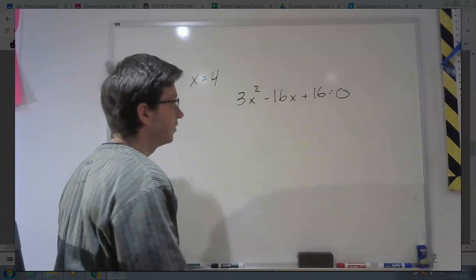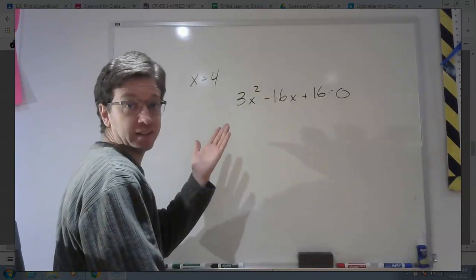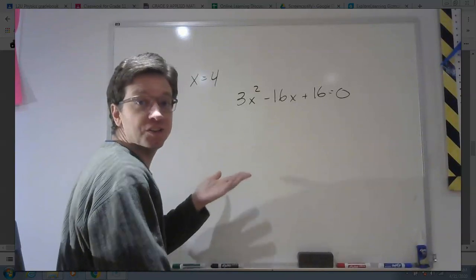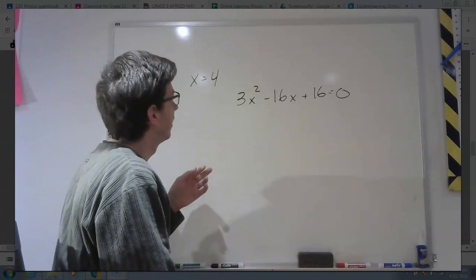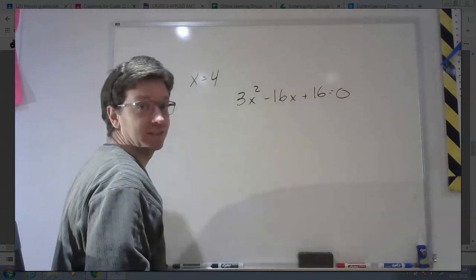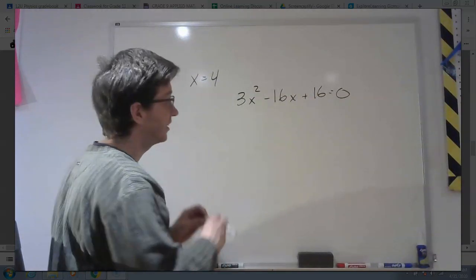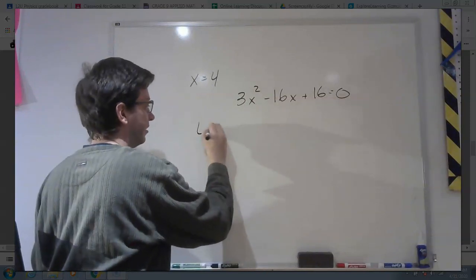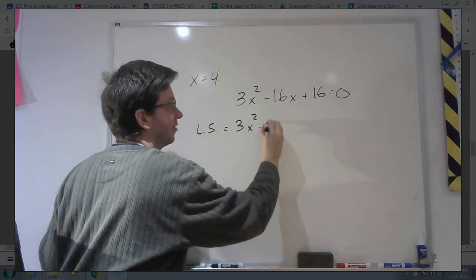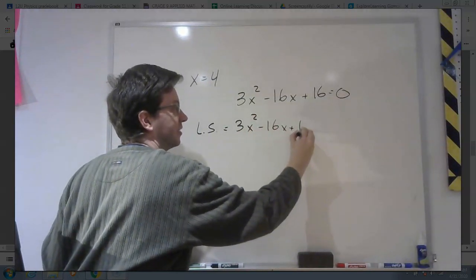So to do that, you could just factor that, right? You can use decomposition, or you can use the quadratic equation, or to figure out if this is a root, substitute it in, see if it equals 0. So let's look at the left side of the equation. The left side of the equation is 3x squared minus 16x plus 16.